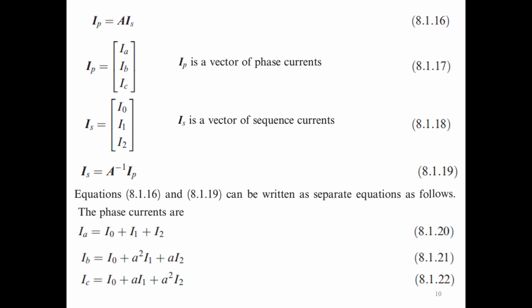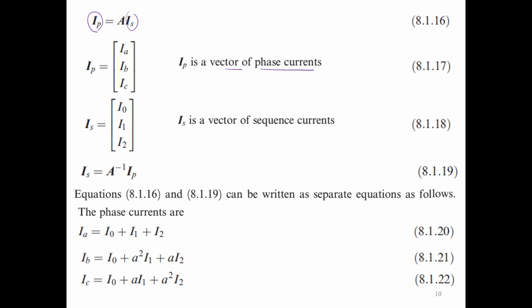Now you could also apply the transformation not only to voltage but also to the current. So the phase current IP and the sequence current can be expressed in the same fashion. IP stands for the vector of phase currents IA, IB, and IC.